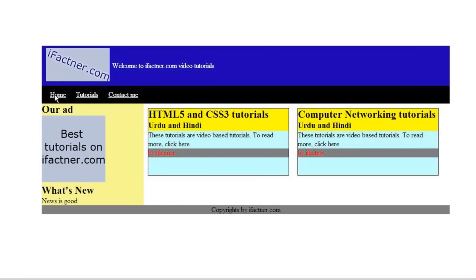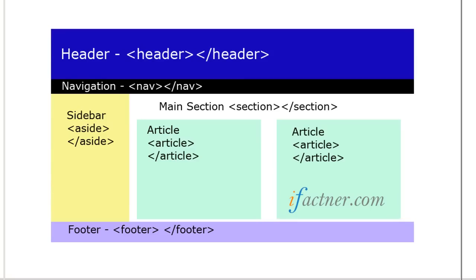This site would have 3 links: home, tutorials, and contact me, or the web pages, and this mockup shows the index.html page of our website. So friends, let's begin with the discussion on the new tags in HTML5.